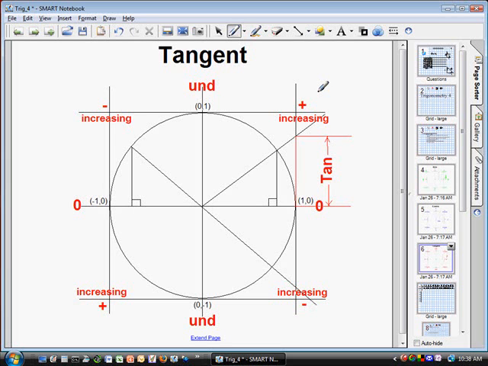Now, this guy's going to get huge. Can you see that? I didn't have room here, but what if we had an angle, let's say, more like this angle? Well, that's not going to hit the tangent line until about here. And so now the tangent's all the way from there to there.